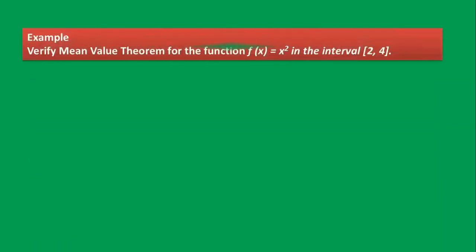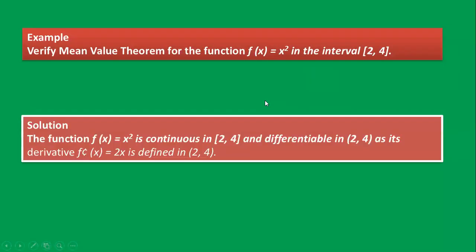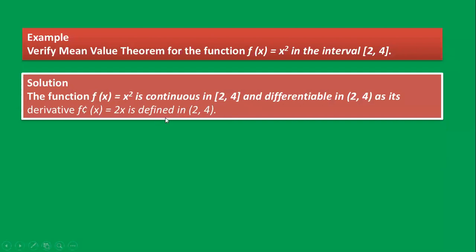Now we will see an example of the mean value theorem for the function y is equal to f of x in the interval 2, 4. Similarly, we have to check whether this is continuous in the closed interval 2, 4 and differentiable in the open interval 2, 4, and the derivative at this is the derivative.